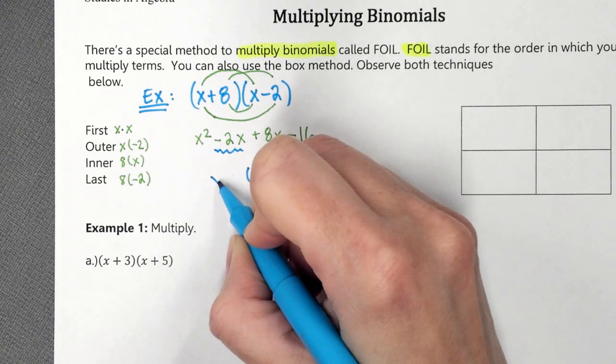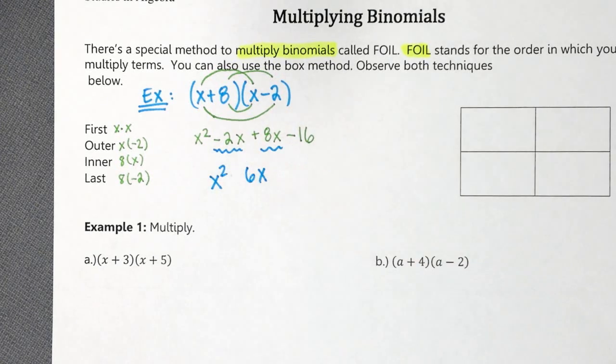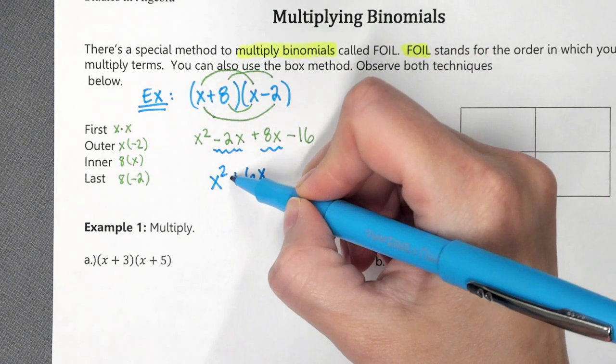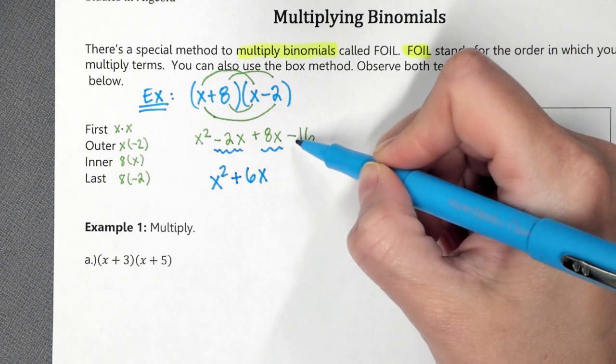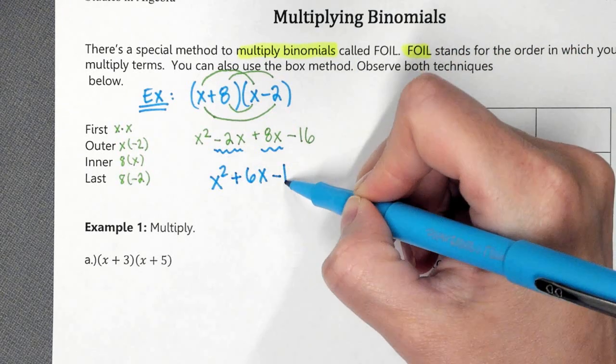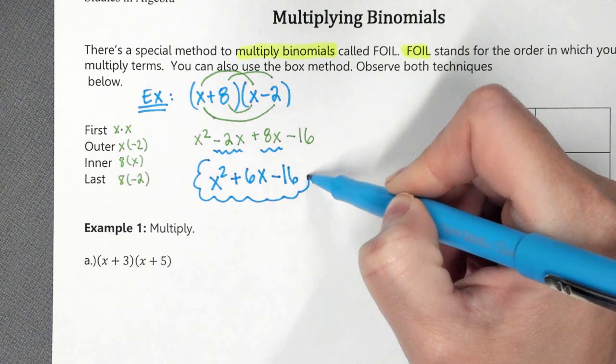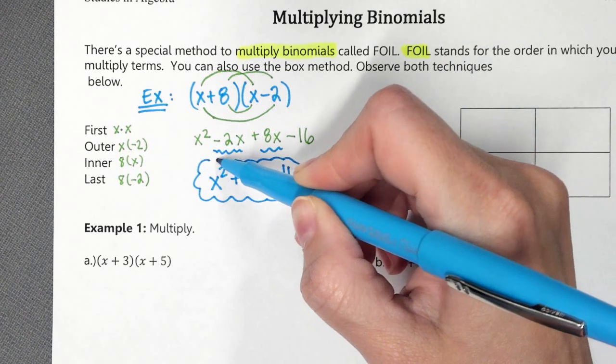But you still have the x squared in front. And was the 6x positive or negative? Positive. So if it's positive, you're going to do a plus. And then the 16 is negative. And this is going to be your final answer.